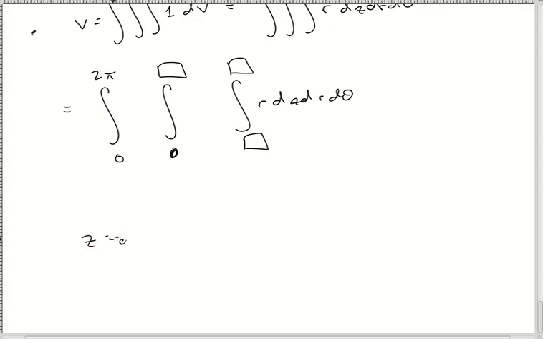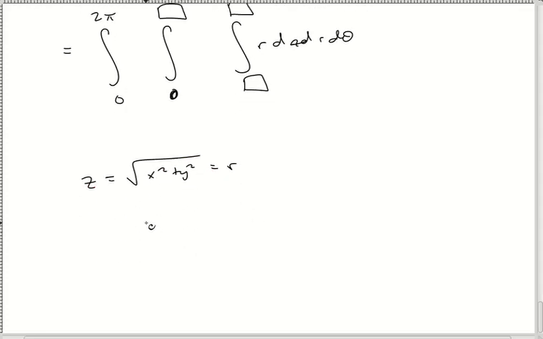Let's start with one of the equations that we had already seen. z equals r, essentially. Okay, so with that in mind, I'm going over to my other equation now. It's kind of like you have to do two of them at the same time. Well, we know that x squared plus y squared is r squared, right?